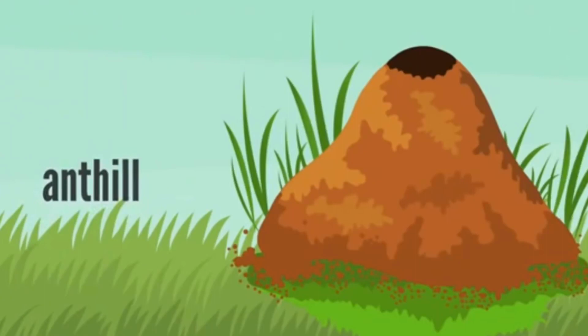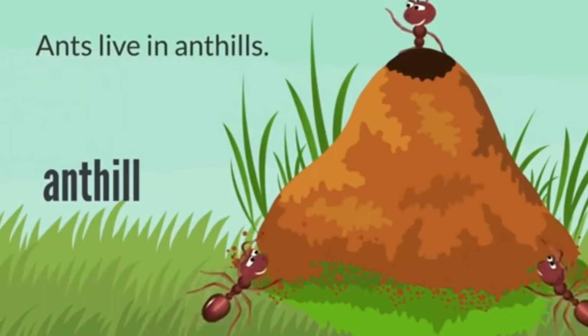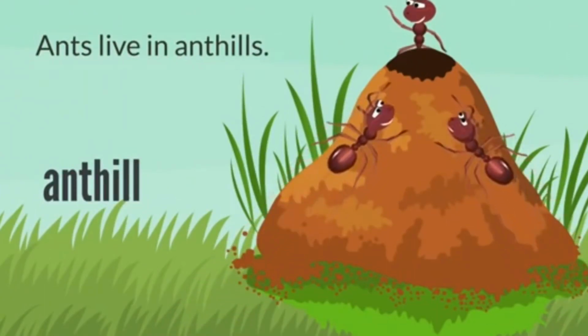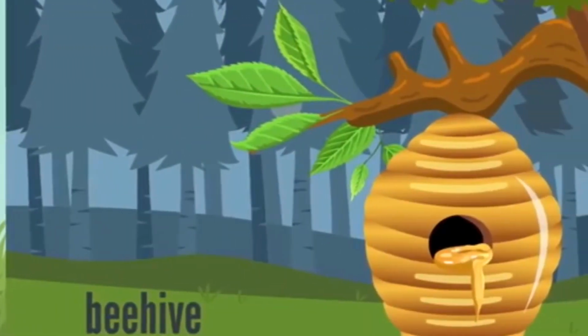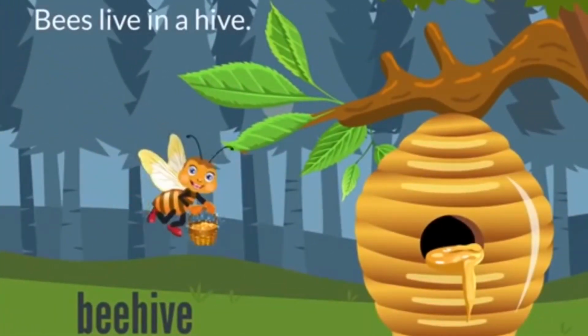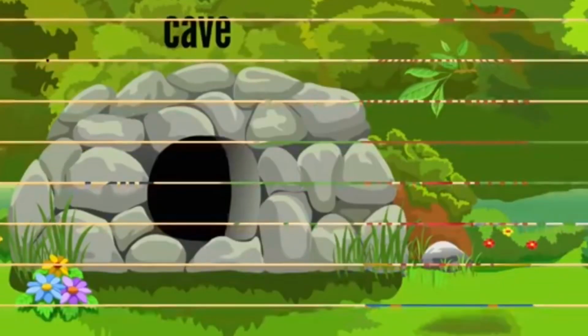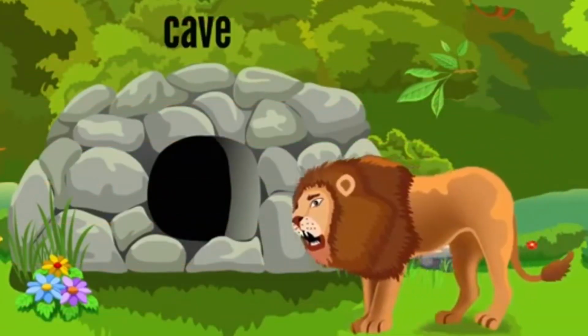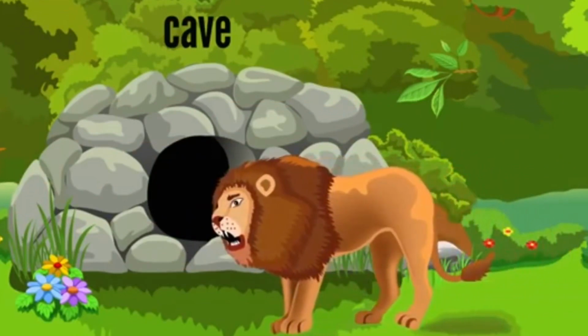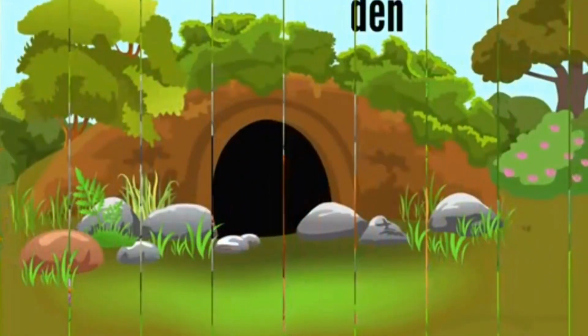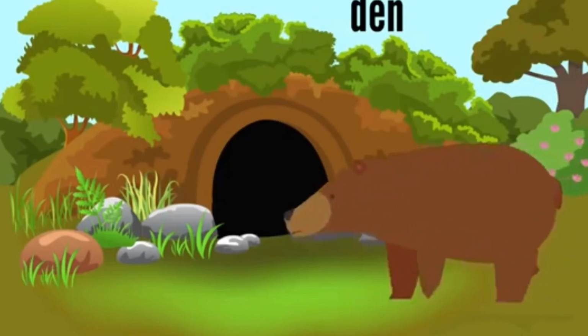Anthill. Ants live in anthills. Beehive. Bees live in a hive. Cave. A lion lives in a cave. Den. A bear lives in a den.